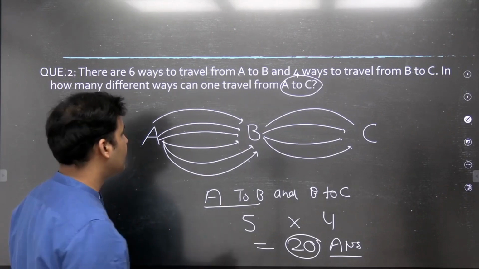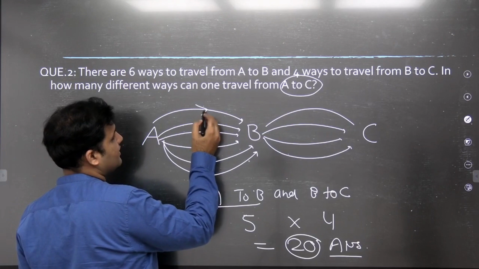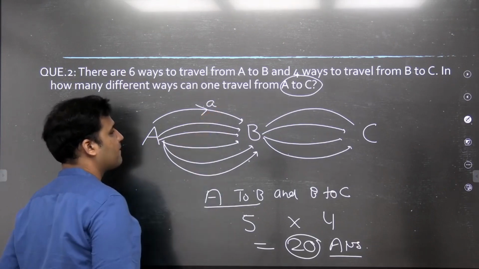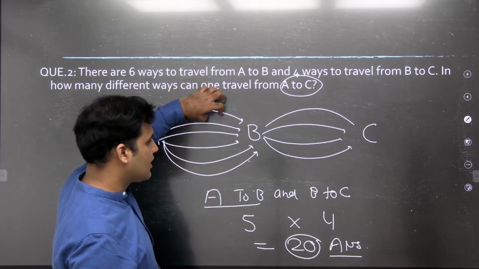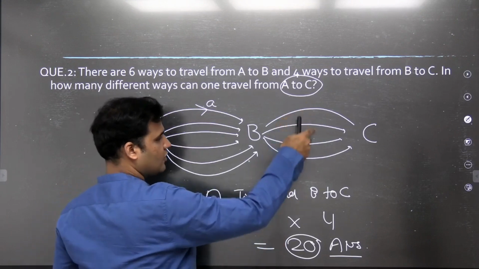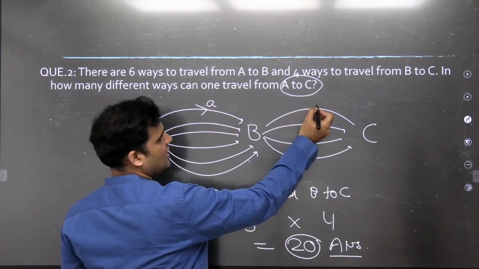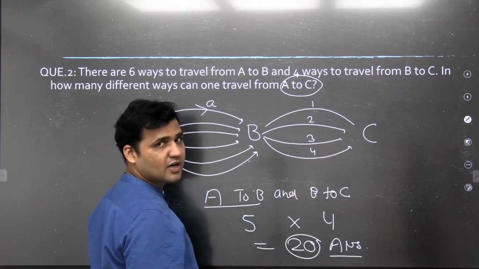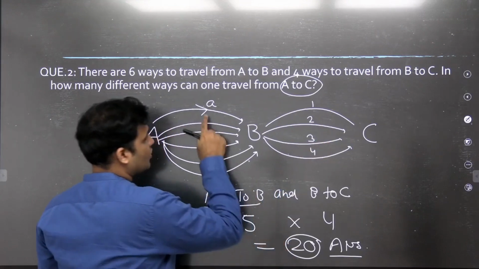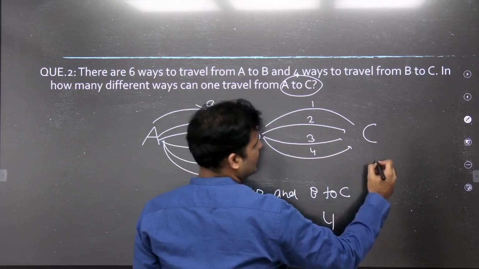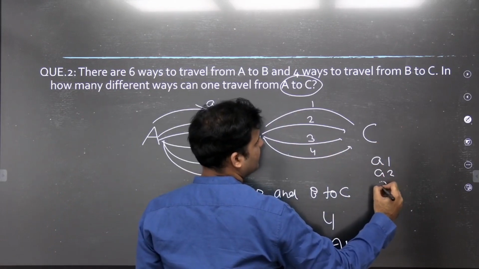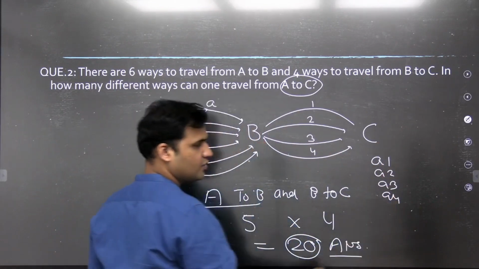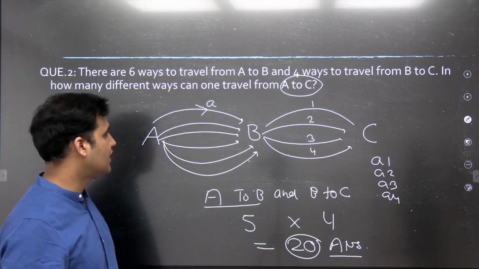And you can also see, let's say कि this is road number A. Now if I use this road, I can go for any of this road. So A के साथ ये चारों का कोई भी combination बन सकता है. चारों, road number 1 2 3 4, right? So A गया, so the number of routes are A1, A2, A3, A4. So ये चारों के चार ways different है AC पे पहुंचने के.